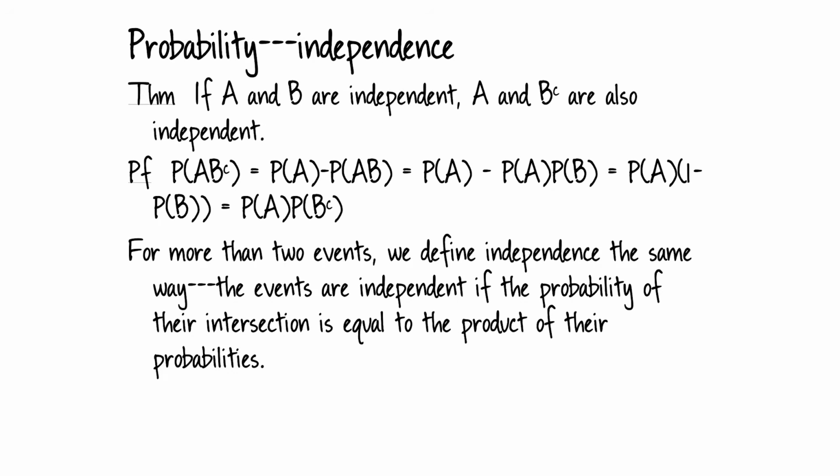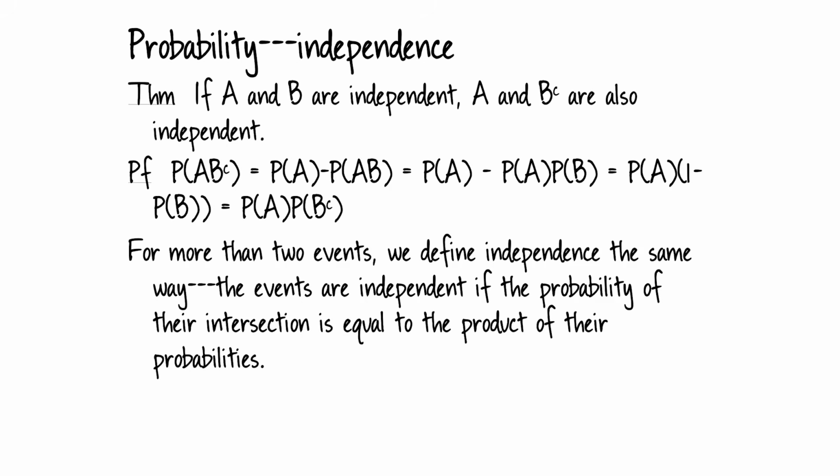Okay, another useful thing that we can prove about independence is that if we have two independent events A and B, then A and B complement are also independent. Okay? And I've listed the proof there in case you want to convince yourself that that's true.